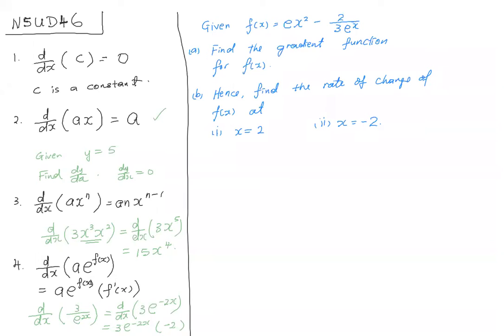If I just write e, then it means the power is 1, so it's a constant. You should finish part A already. So for part B, whatever answer you get from part A, you substitute x equal to 2 and x equal to negative 2.